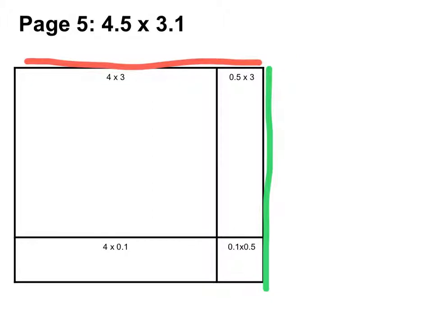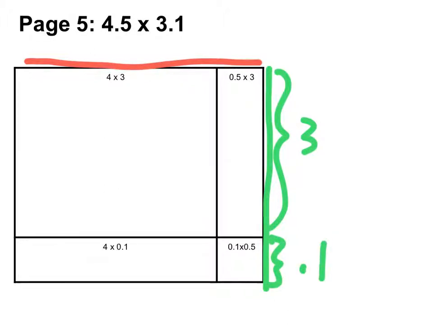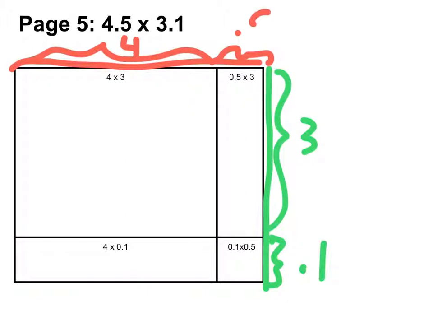Okay, but I broke it up. So this section is going to be my 3, and this section is my 1/10. And looking across the top, this first section is my 4, and the second section is my 5/10. And now I have little multiplications on the inside.